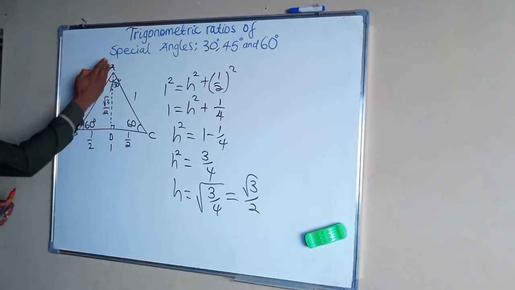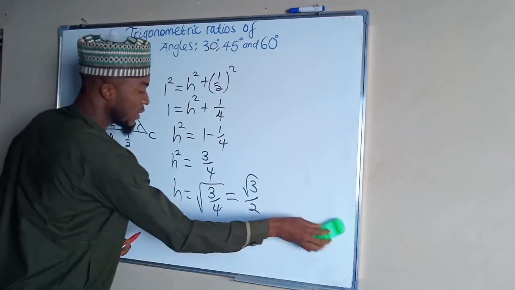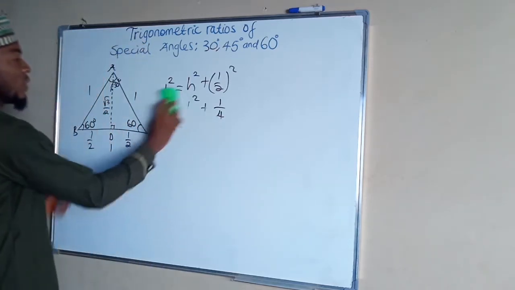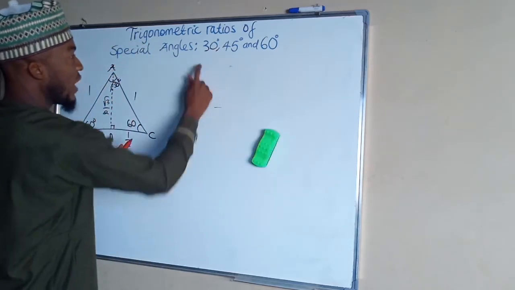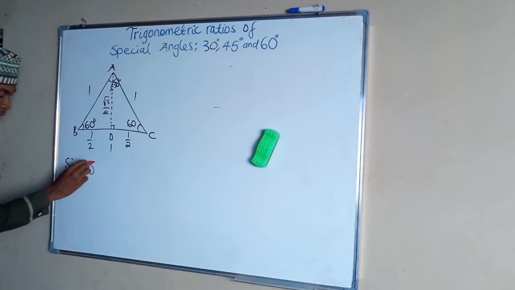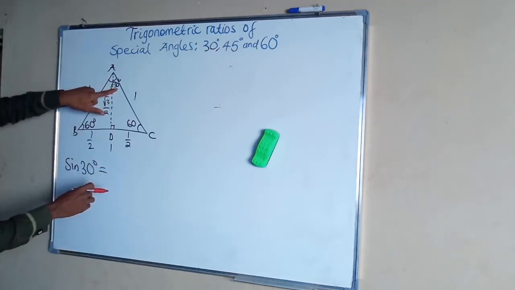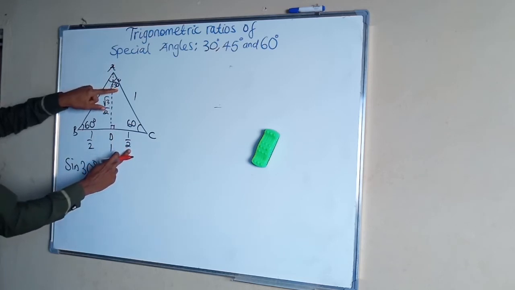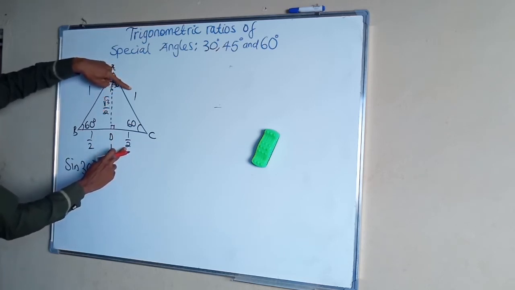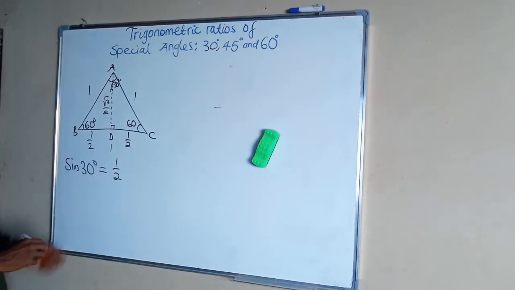So now we can use these side lengths, root 3/2, 1/2 and 1, to find the ratios of these special angles 30 and 60. Now let's begin with sine 30. Sine 30 degrees is opposite divided by hypotenuse, and you see we have 30 degrees, this is the opposite and this is the hypotenuse, so 1/2 divided by 1 remains 1/2, so sine 30 is 1/2.